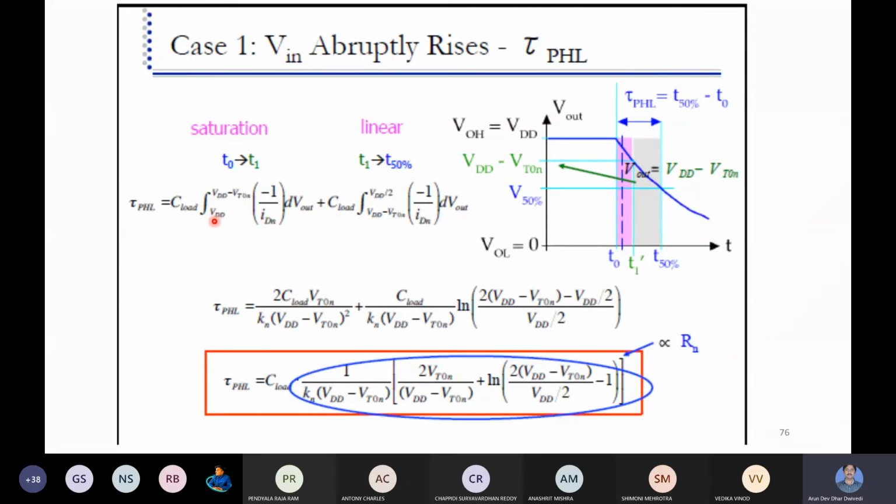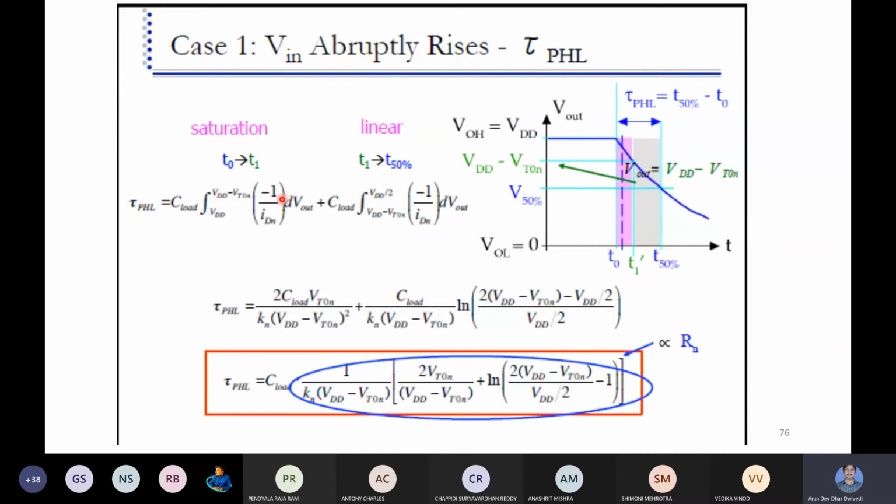Initially we integrate from VDD to VDD minus VT01, and 1 upon IC we have to substitute, where IC is the negative of IDN, with dV out. In this transition our output voltage changes from VDD to VDD minus VT01.